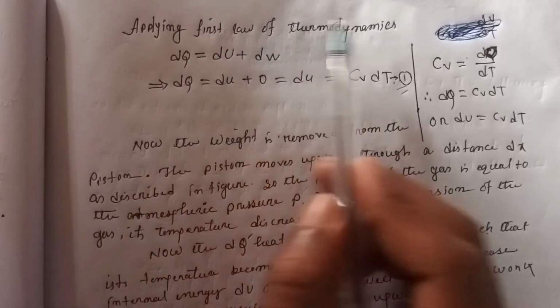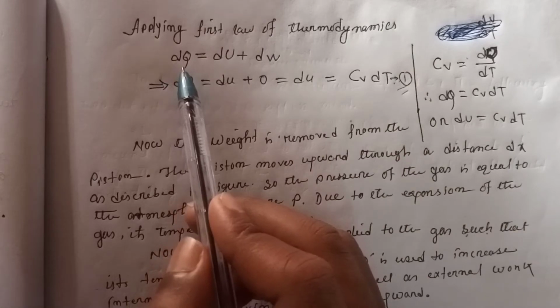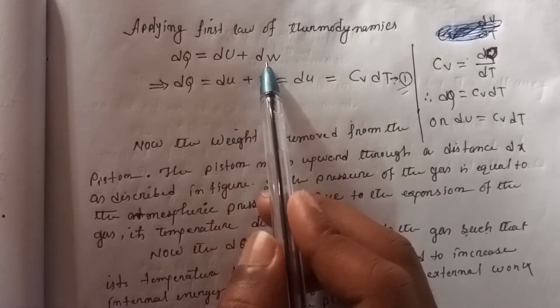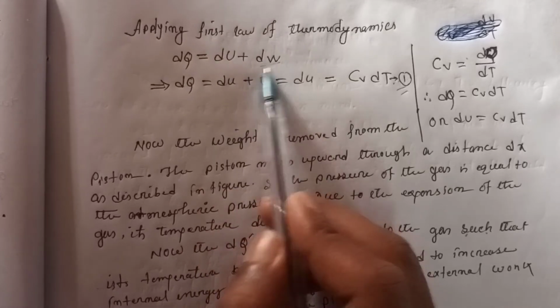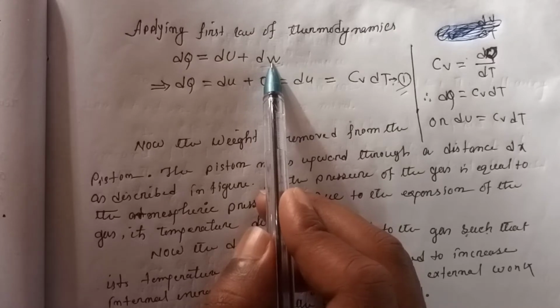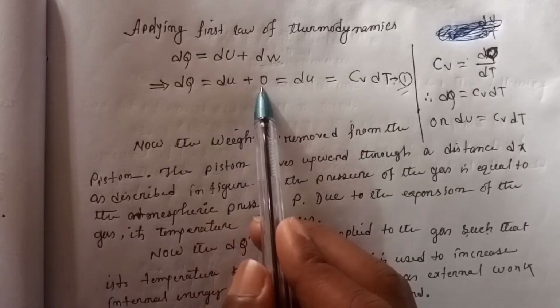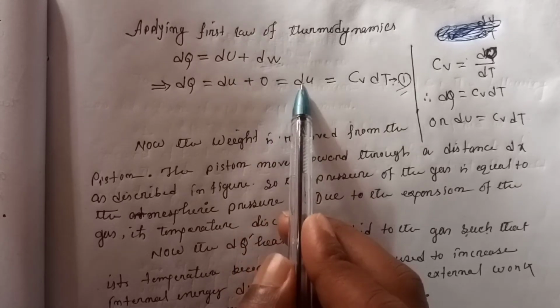Applying the first law of thermodynamics, which is written as dq equal to dU plus dW. Now putting the value of dW in this equation, we get dq equal to dU plus 0, which is equal to dU.